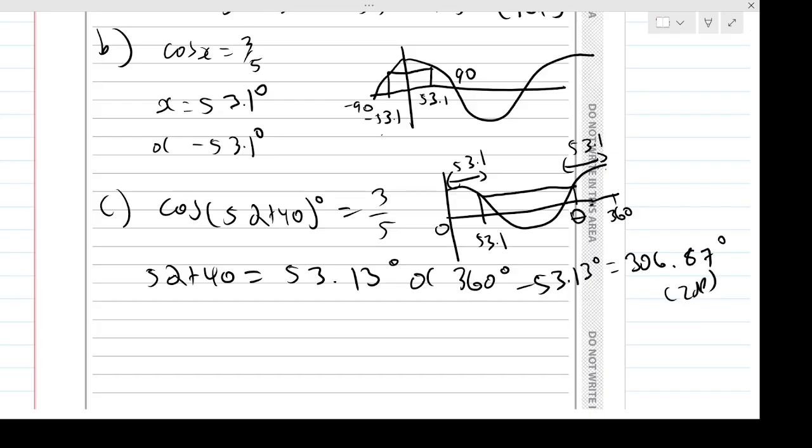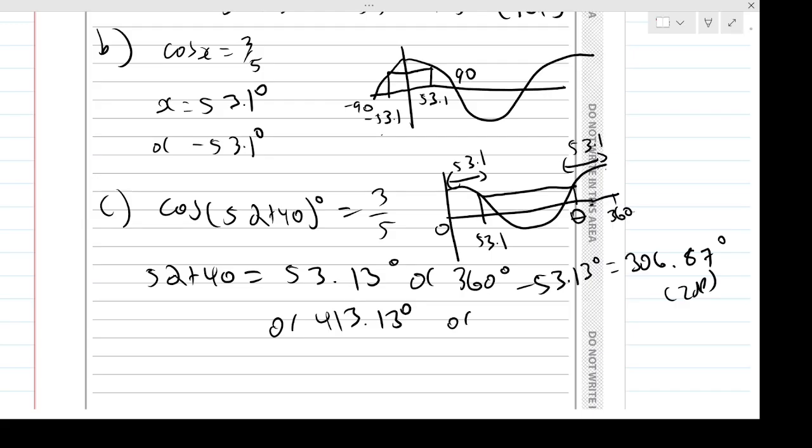Those are my two main solutions, and the graph will continue on every 360, so we just add on 360. If we add on 360 to 53.13, we get 413.13.